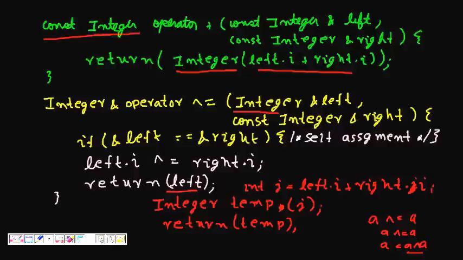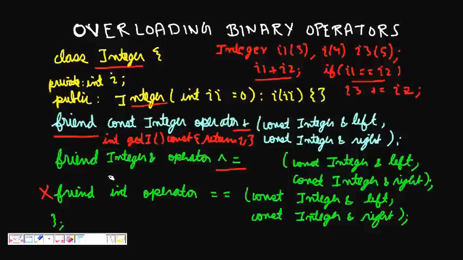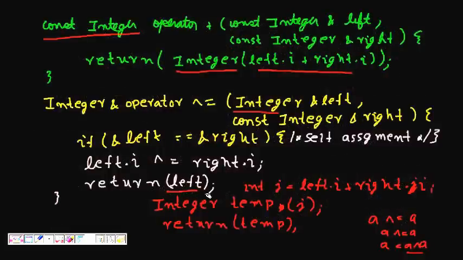It's not always necessary to make functions friend functions so that they can change many things. With a minimum amount of work we should be able to do our work. So we don't need this to be a friend function if we have a public function get I. These are the things to remember.